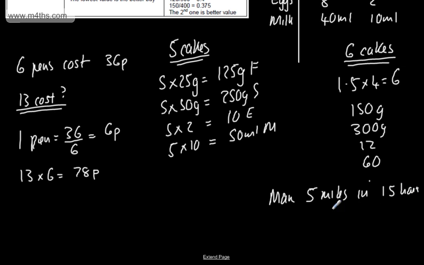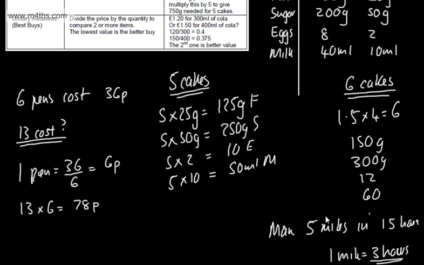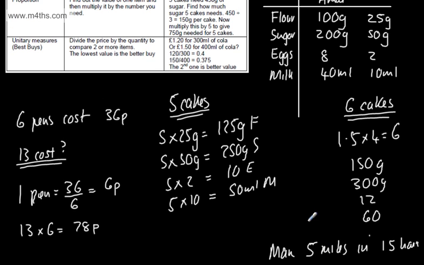Well, we can see that 1 mile will be equal to 15 divided by 5, which is going to be 3 hours. Pretty sluggish. So if we wanted to work out how long it would take him to do 7 miles, then all we would do is 7 times by 3, and that's going to give us 21 hours. Okay, pretty long old walk, nearly a day to do 7 miles. Not ideal, but hopefully you can see where that's going.